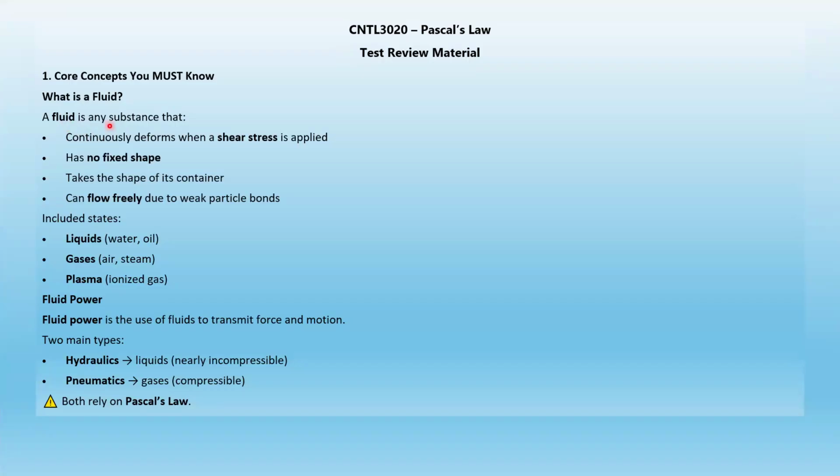Because of the properties of the fluid. Fluid has no fixed shape. The particles flow freely, so they just fill up every little corner and they press equally on every point of the container.